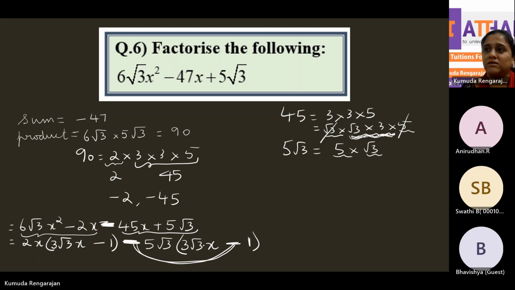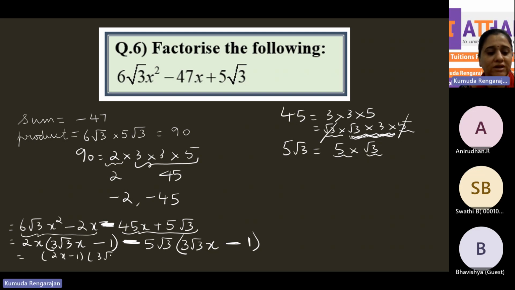So that's going to be 2x minus 5 root 3 into 3 root 3 x minus 1. These are the two factors, right?